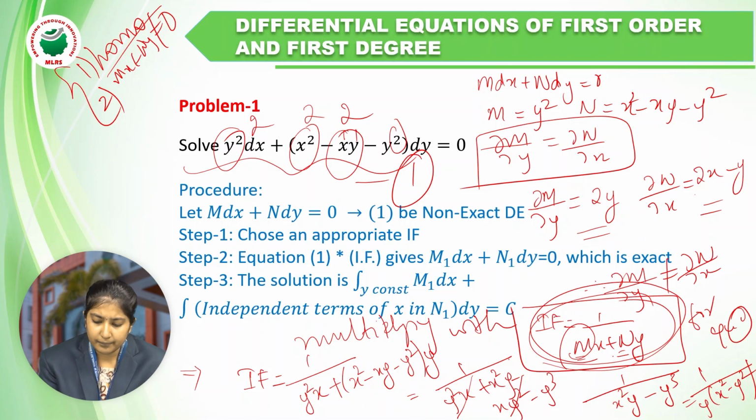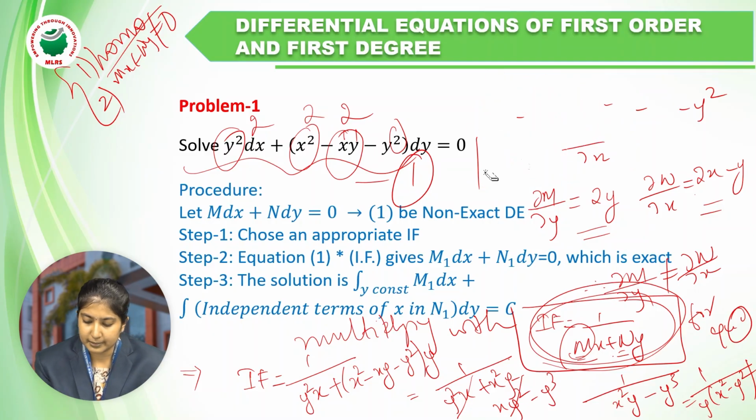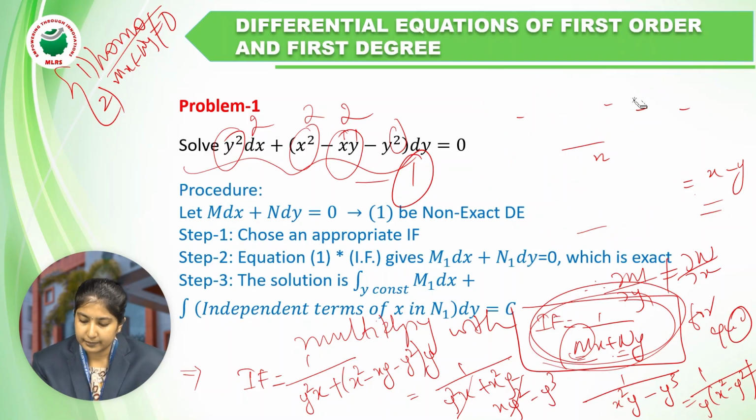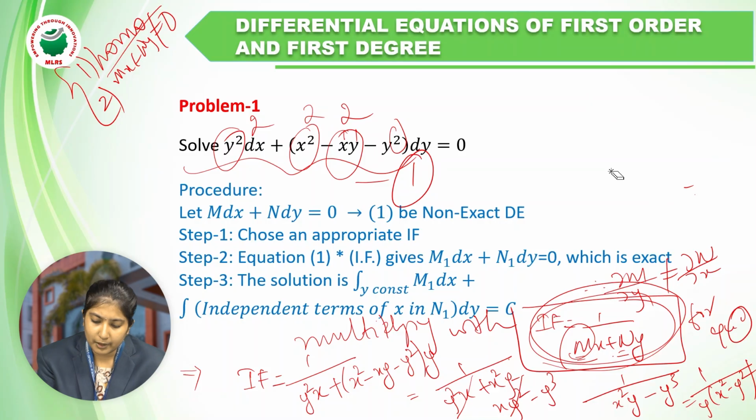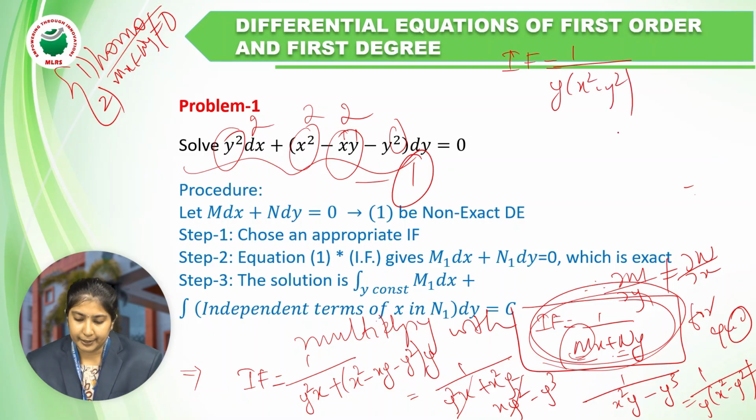Next, once we have found the integrating factor, what is our integrating factor? Let me remove all this so that you can get some space here. So therefore my integrating factor is 1 by y into x square minus y square. Now I can multiply this with my equation.